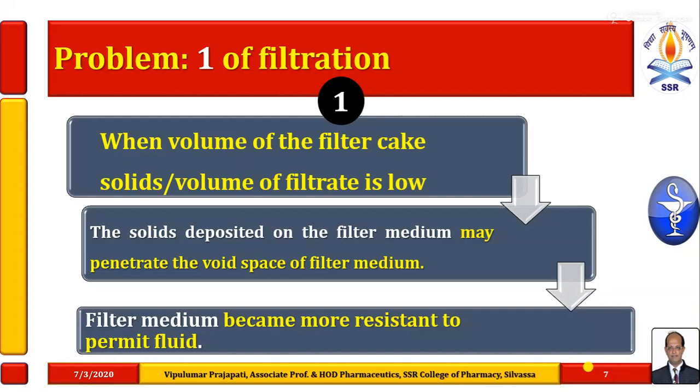So filter medium became more resistant to permit the fluid. So hence fluid is not passed through filter medium because the pore or void space of filter medium is totally occupied by solids.